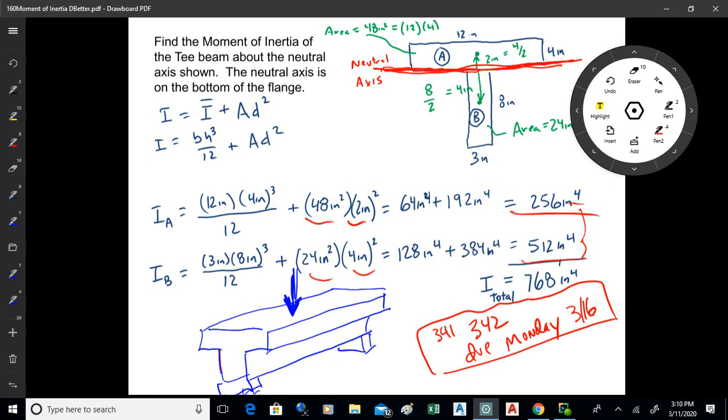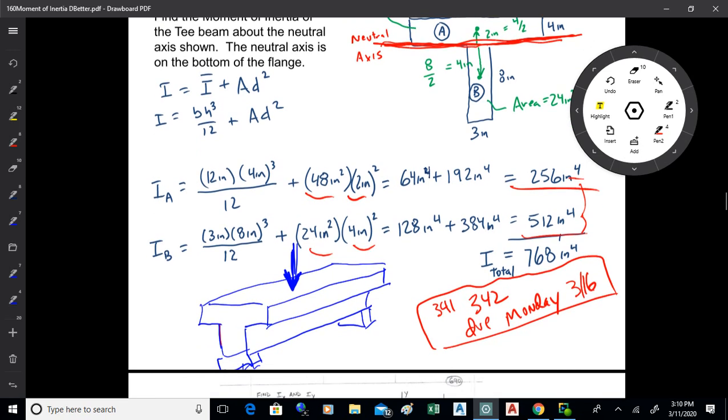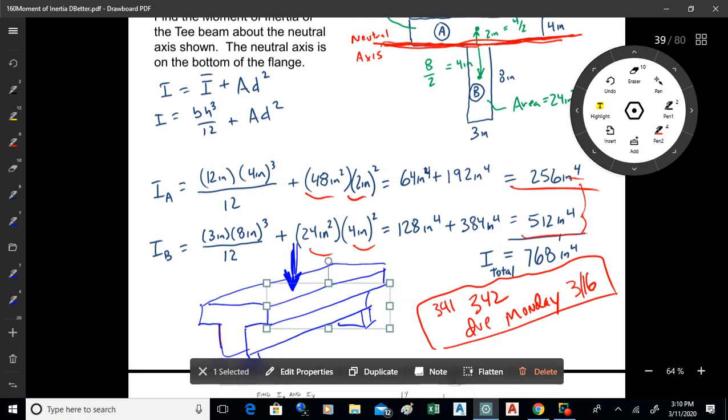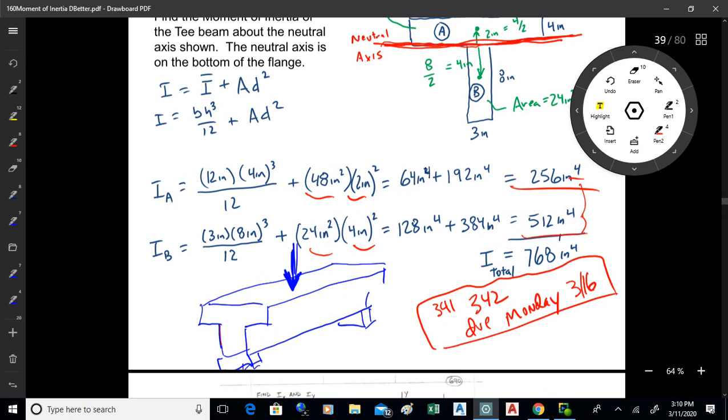So if we extruded that T shape and made it into a T-beam and then loaded it in the fashion that I'm showing, this number will tell you how much stress will build up in the beam on account of that loading. It will help you to do that. To do the full calcs on that, we go through strength of materials and we develop it in that class. But that's what this number is used for, to figure out how much stress will build up in a beam for a given load. Okay. All right.